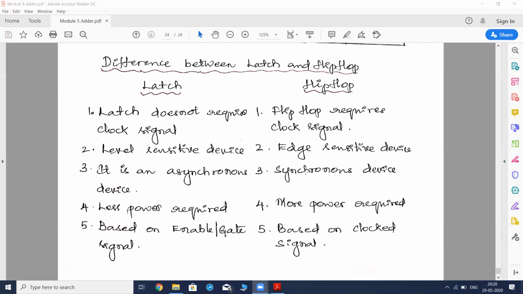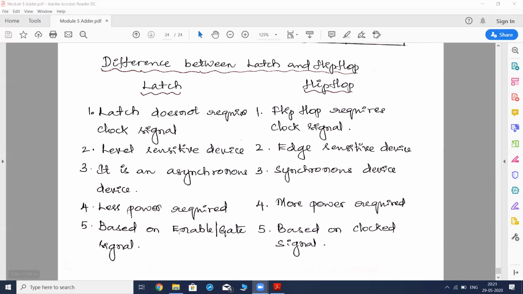But flip-flops are synchronous devices because they change the state according to the clock signal. Whenever the clock goes positive edge or negative edge, they change the state, so they are called synchronous devices.